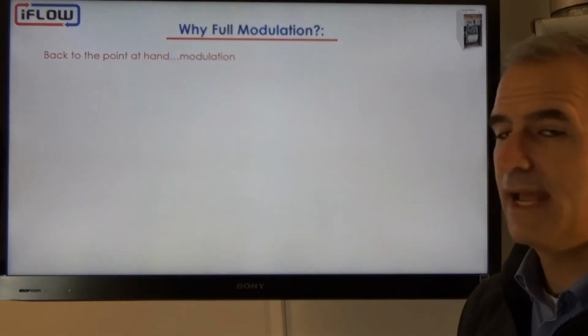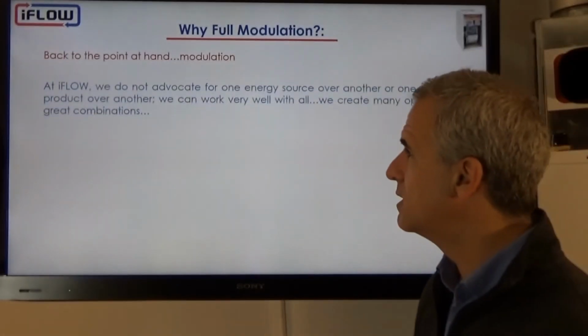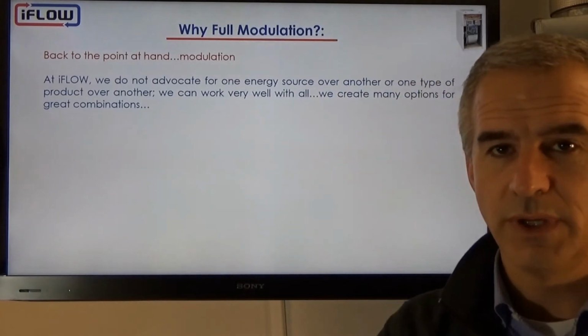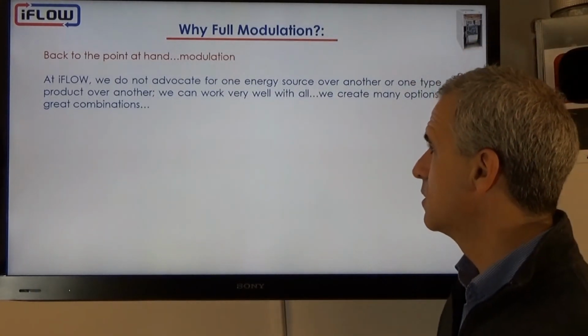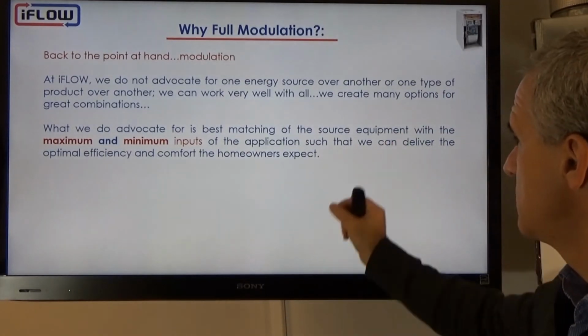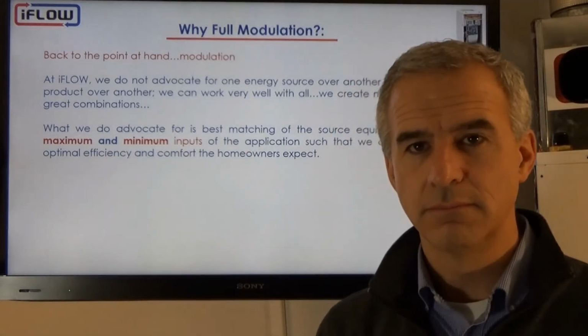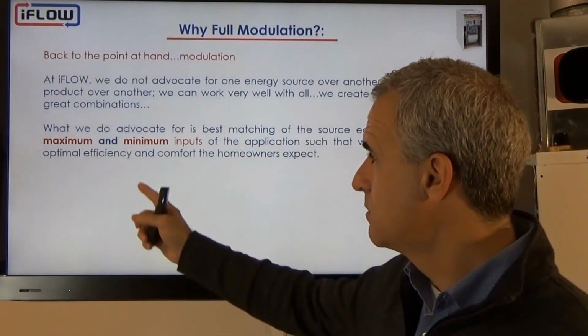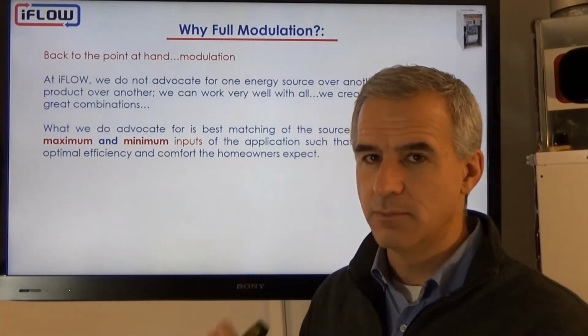So back to the point at hand, we were talking about modulation. We don't advocate for one source over another. We can work with any of the heat sources. But what we do advocate is to match the source equipment and the modulation range of that source equipment to both the maximum and the minimum inputs.